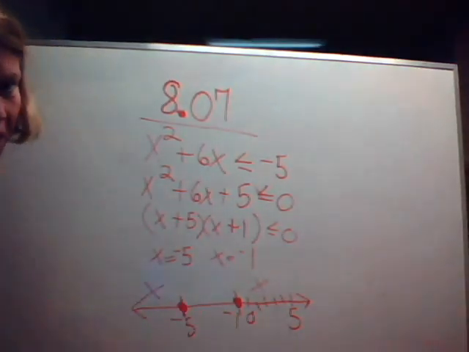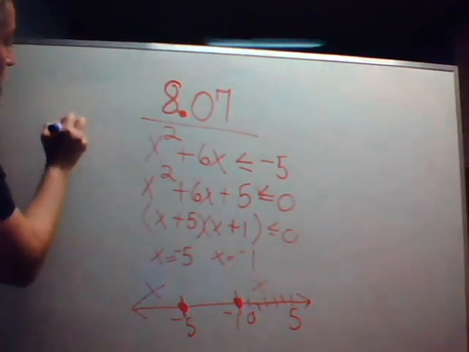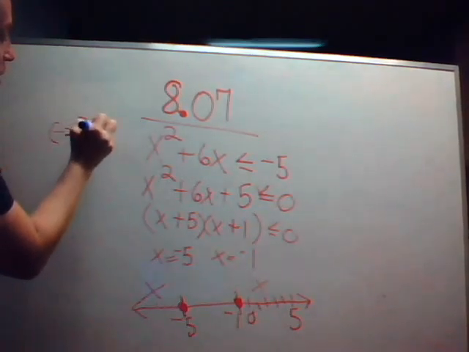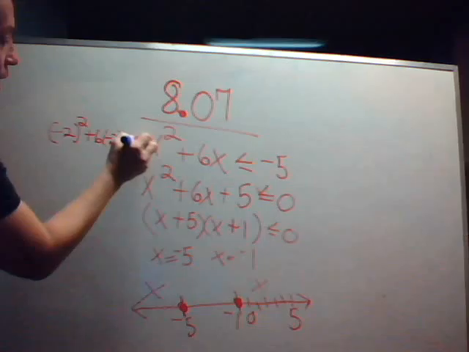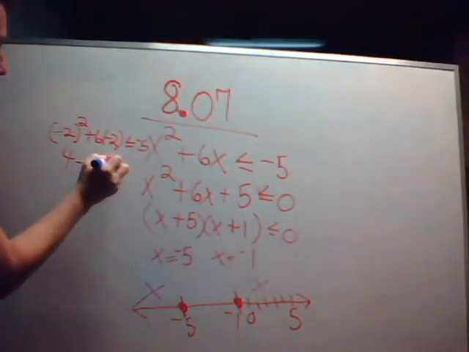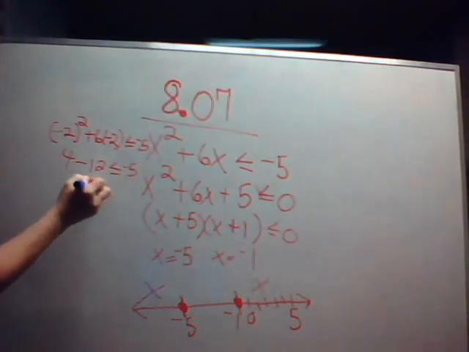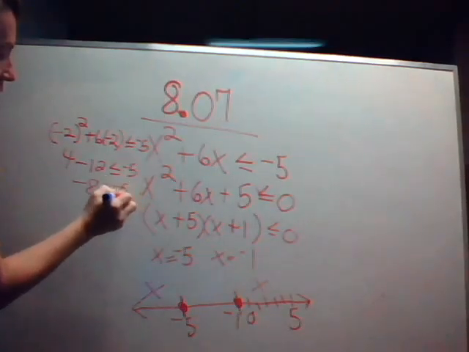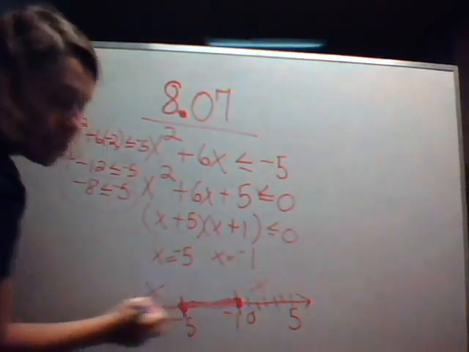I'm just going to pick negative 2. You could pick another number too, but I'll try negative 2. Negative 2 squared plus 6 times negative 2, is that less than or equal to negative 5? 4 minus 12 is equal to negative 8, and that's less than negative 5. So that region works. So that means my shaded region is here.